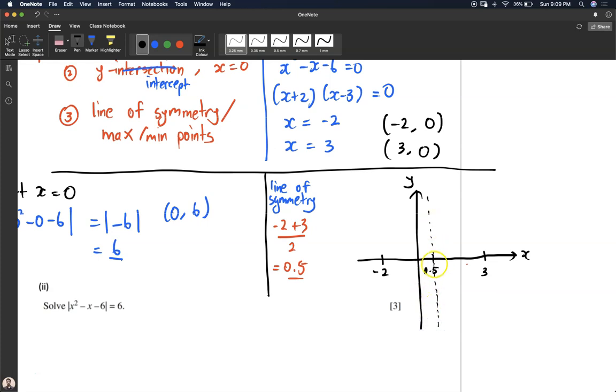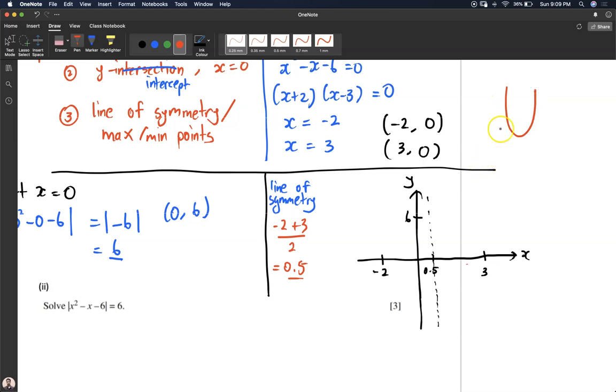This line of symmetry will help me give the shape of the graph better, to imagine the graph shape better. Now the next one is 0, 6, which I haven't put up in the graph yet. So I'm just going to put a 6 here. Now, in reality, if this is not a modulus function, your graph should look something like this.